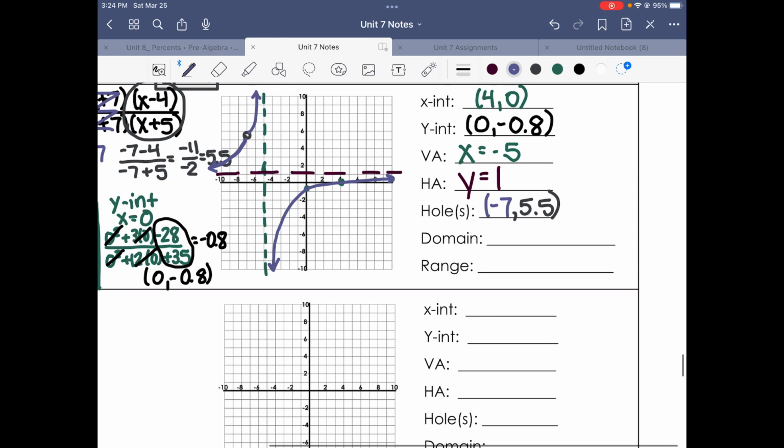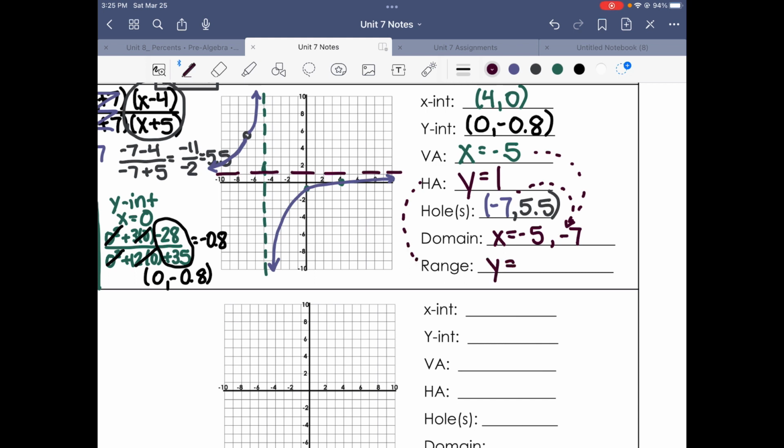This time for my domain, my vertical asymptote was -5. So x can't equal -5 or -7. That's where the hole was. For my range, the horizontal asymptote was 1.